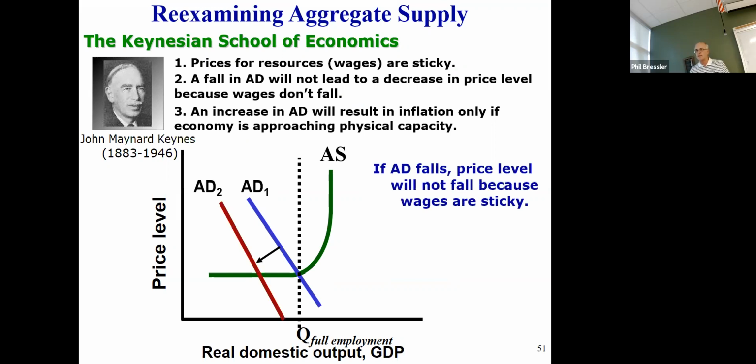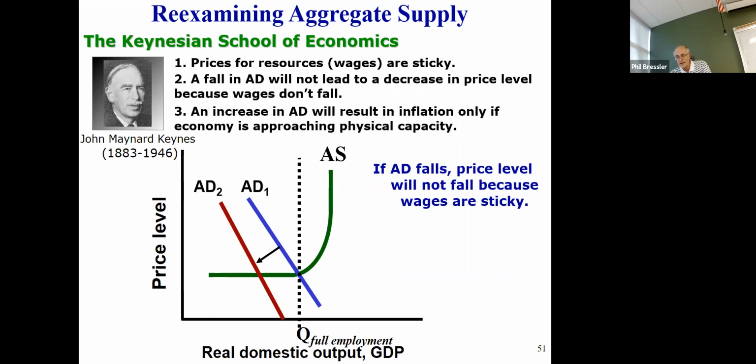So there is no incentive for consumers to buy. So government has to intervene. All right. So Keynes is a big proponent of government intervention, which is fiscal policy, either government spending or decreasing taxes, or monetary policy to shift AD. All right. So that's Keynes.